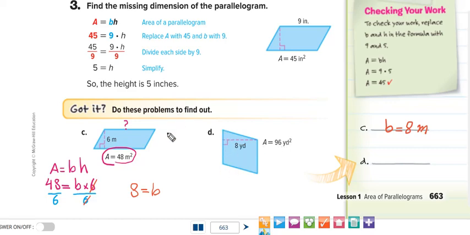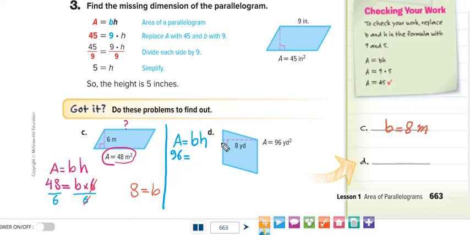Now, if you want to solve it like an equation, what will we do? We are saying that A, for area, equals BH, base times height. The area is known as 96 equals the base.